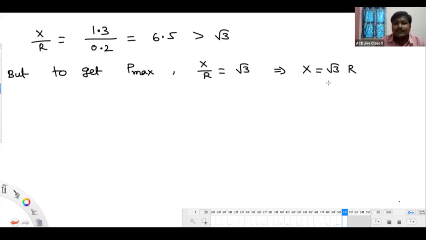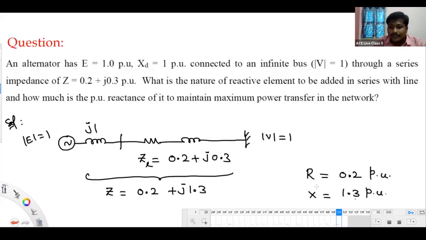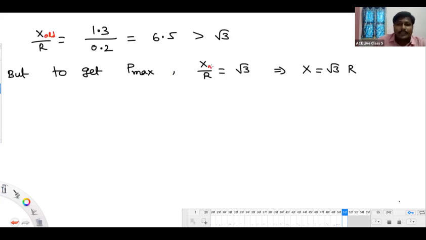Or else, I will say this type of statement also. Resistance remains the same. X new I will show here. Just follow the notation. Look here. X new. What is that X new? Root 3 into R. Resistance remains the same, that is 0.2.